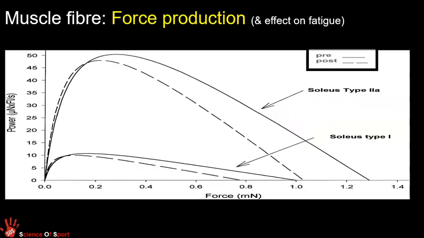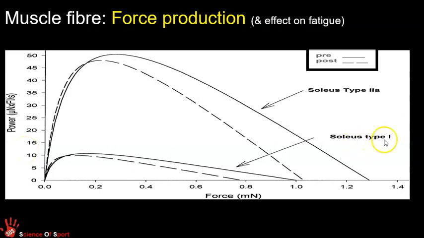We know from our sporting examples that different muscle fibers can generate bigger or smaller forces. So hopefully you know that your soleus is one of your calf muscles, your gastrocnemius and your soleus are your two calf muscles. What this has done, this has measured the force that those fibers have produced.